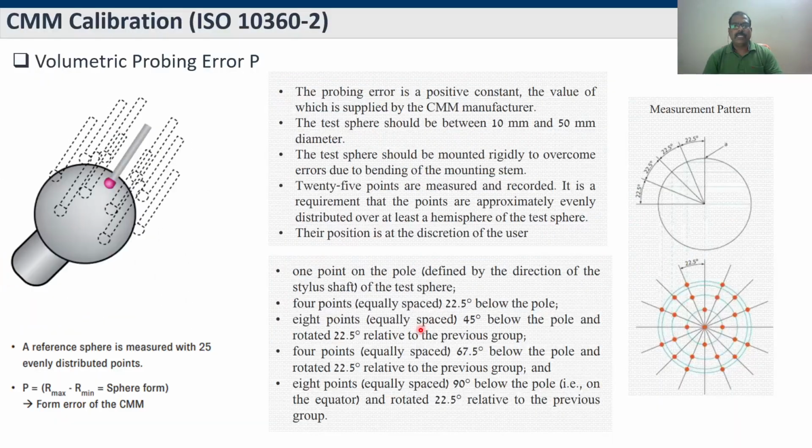If we follow this procedure, we will get 25 different readings. Those readings can be compared and statistically analyzed.